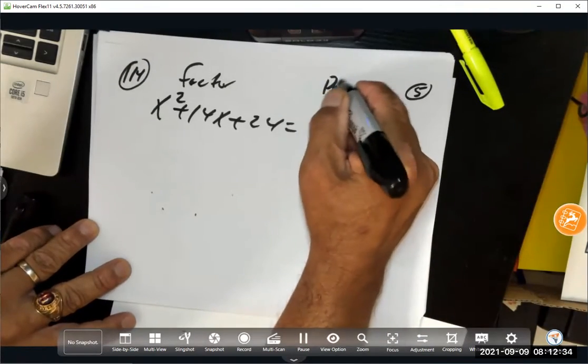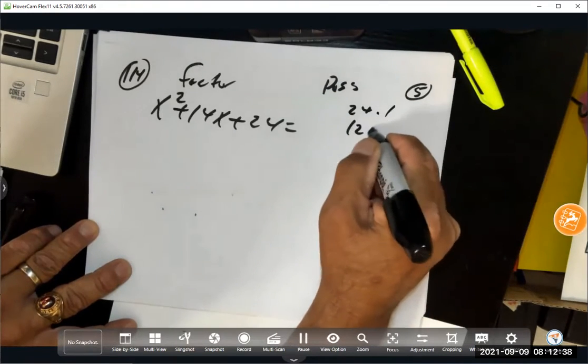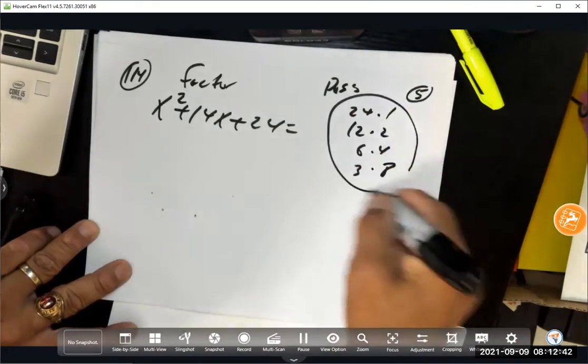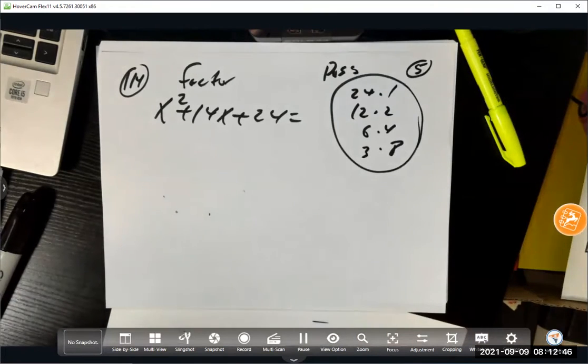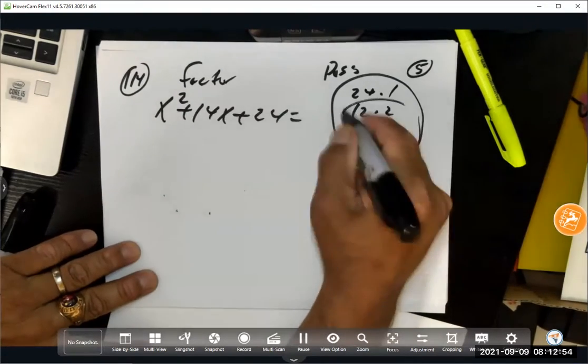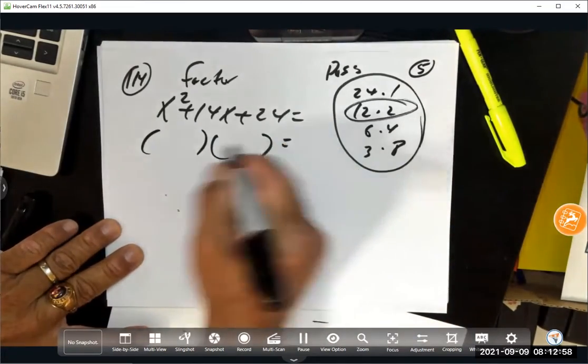Possible numbers are 24 times 1, 12 times 2, 6 and 4, 3 and 8. All these could be the answer, right? Which one do you think it is? We should use the middle number. 12 and 2, because that gives you a 14. So let's go from there.